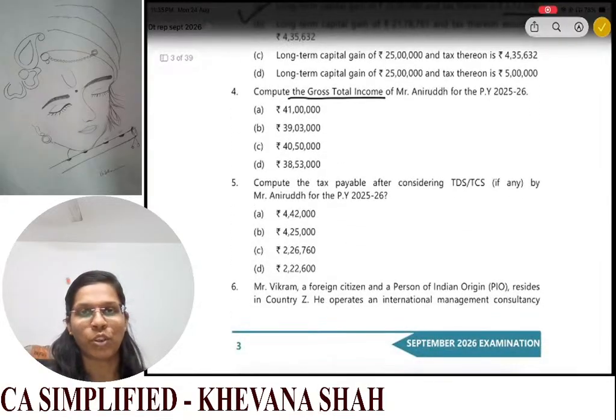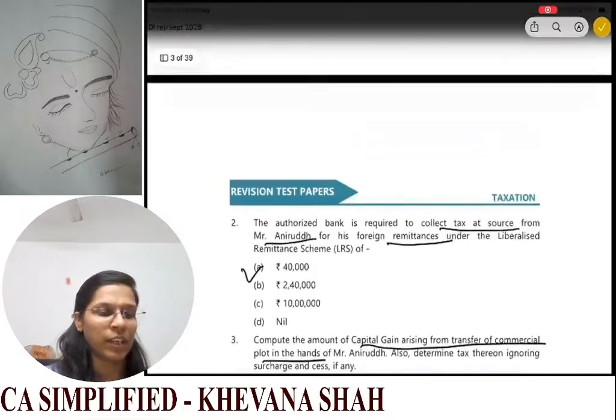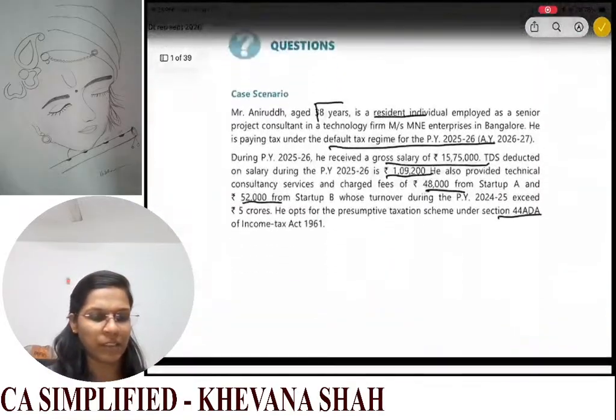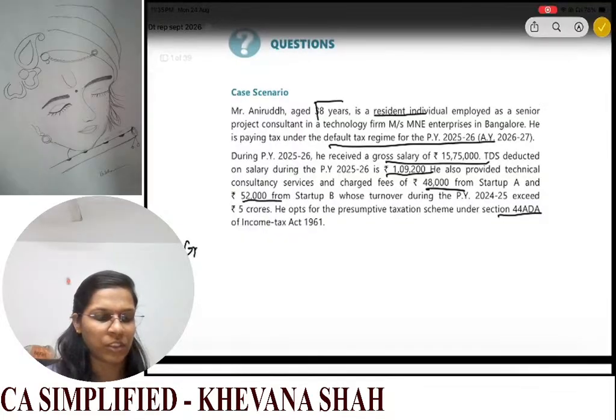Now we need to compute gross total income. For gross total income, we have the gross salary, 15,75,000.